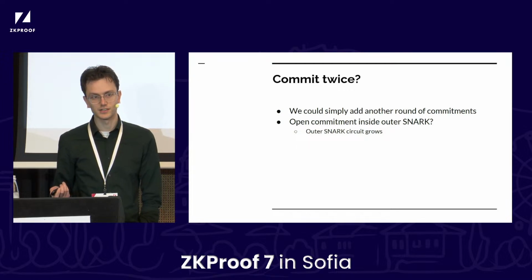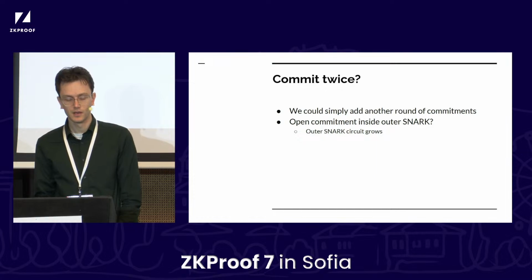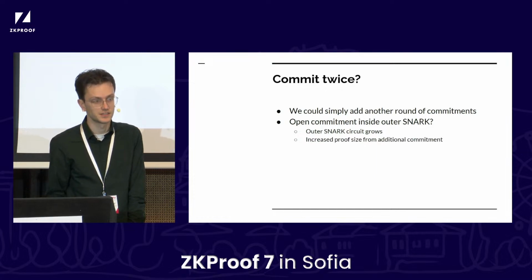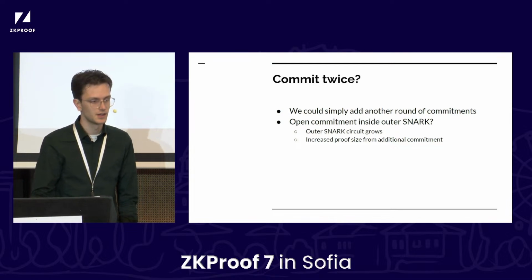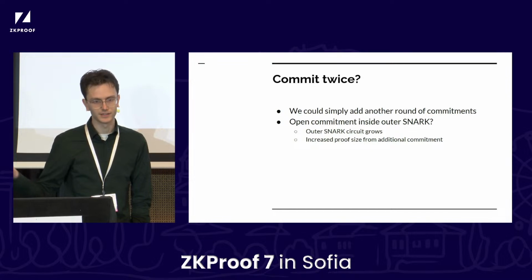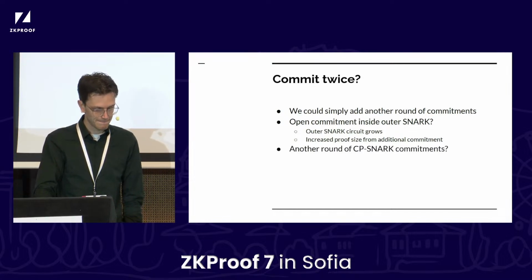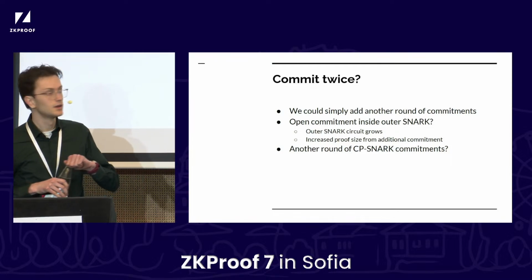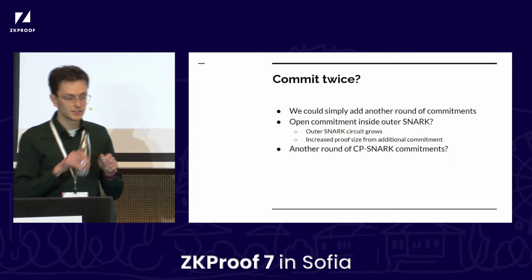The disadvantage is that now the outer snark circuit grows. Yeah, we might have to compute some hash functions inside the snark. And this means that the proof size increases, and probably also the verifier time and the prover time increases. The different option is, well, we use a CP snark, so maybe we can just add another round to the CP snark.